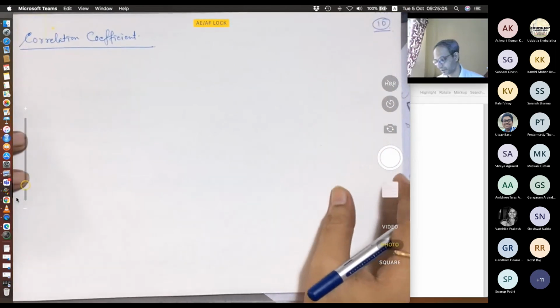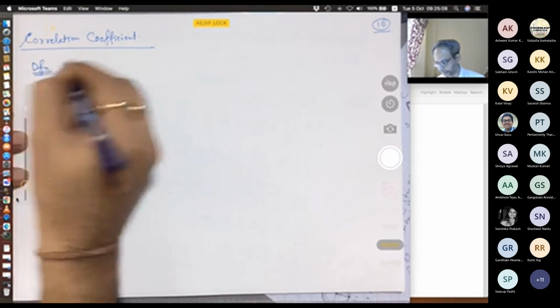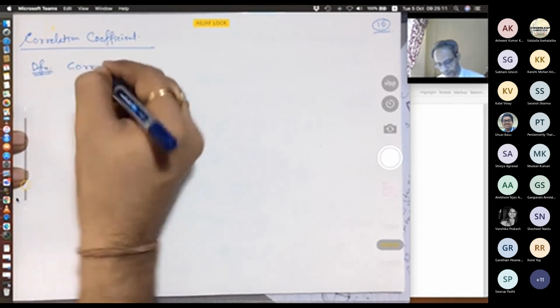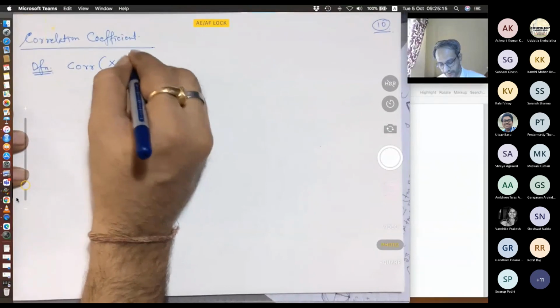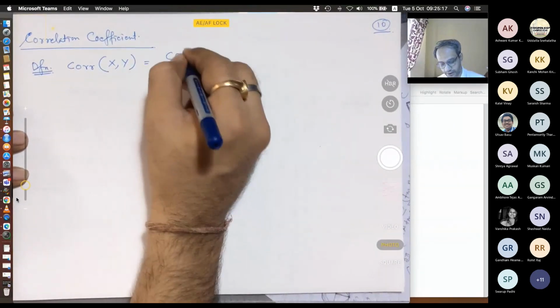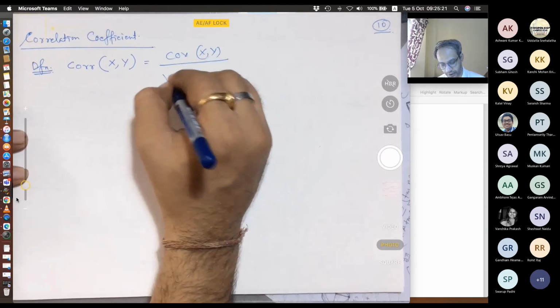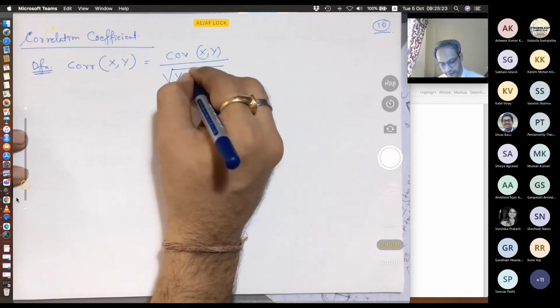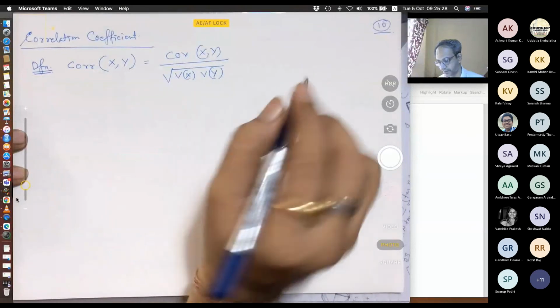Correlation coefficient is defined in this way, usually written as CORR or COR, doesn't matter, x and y. This is covariance of xy divided by the square root of variance of x into variance of y, if all those terms exist.